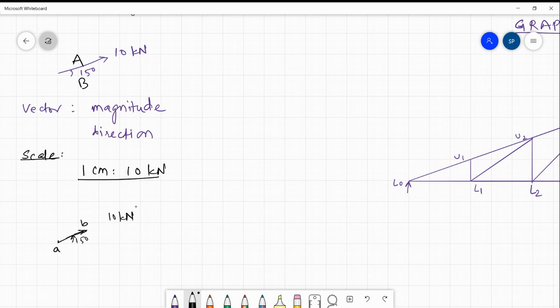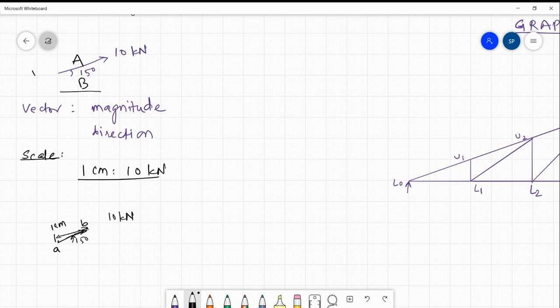So how is it 10 kilonewton? The distance measured on paper has to be 1 centimeter. If this distance measured is 1 centimeter, and my scale is 1 centimeter equal to 10 kilonewton, then with the notation A to B, this is the force AB we have to represent. So I can represent this force A to B graphically this way.